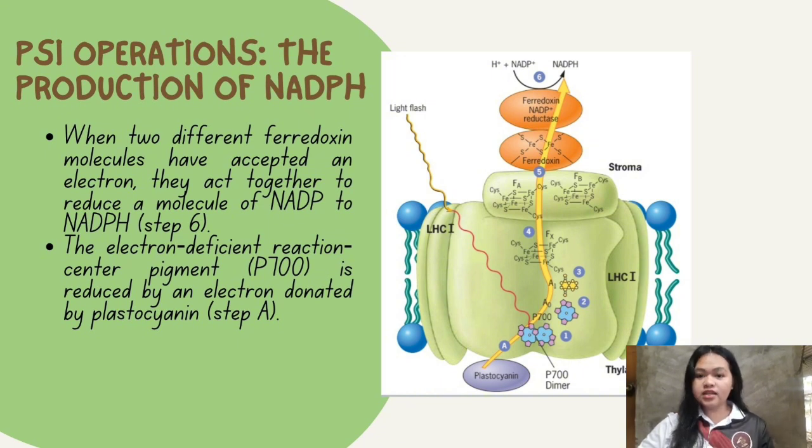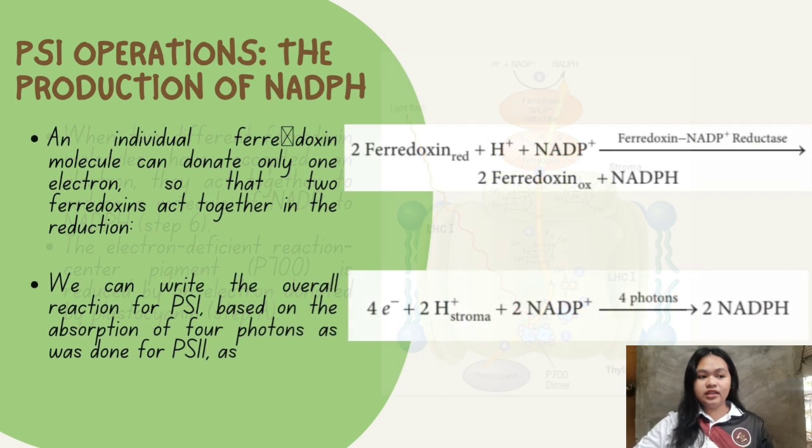So, pag nabawasan na ng molecule si NADP positive ion, magiging NADPH na siya, which is the reduced form of NADP positive ion. In the next slide, or the 23rd slide, basically, makikita natin yung pinaka-summarize ng process from the photosystem 2 to photosystem 1.